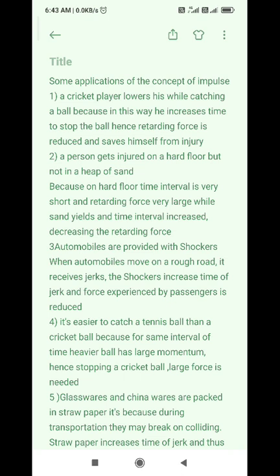And we see that a person falls on the hard floor and gets injured. The retarding force is large because the change in momentum is large. So he gets injured.